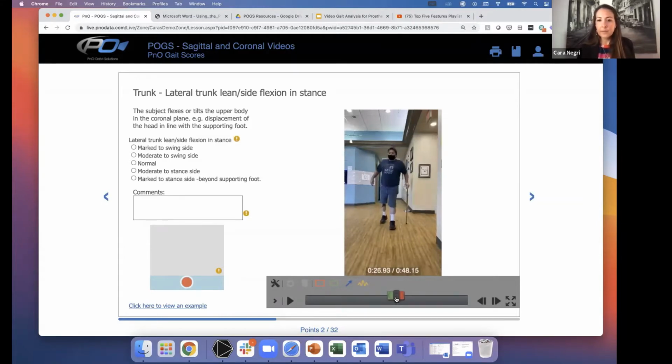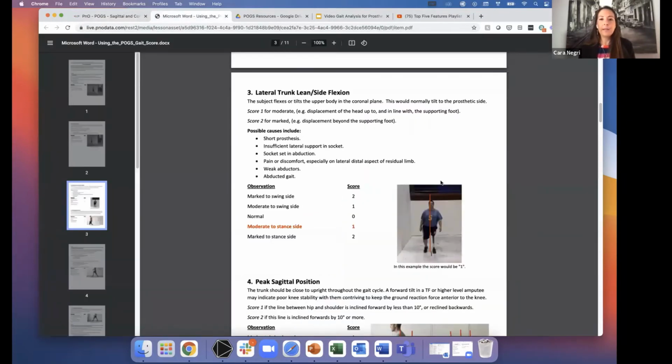All right. So we are looking at his lateral trunk lean, and the explanatory notes really go through everything that we're looking for.